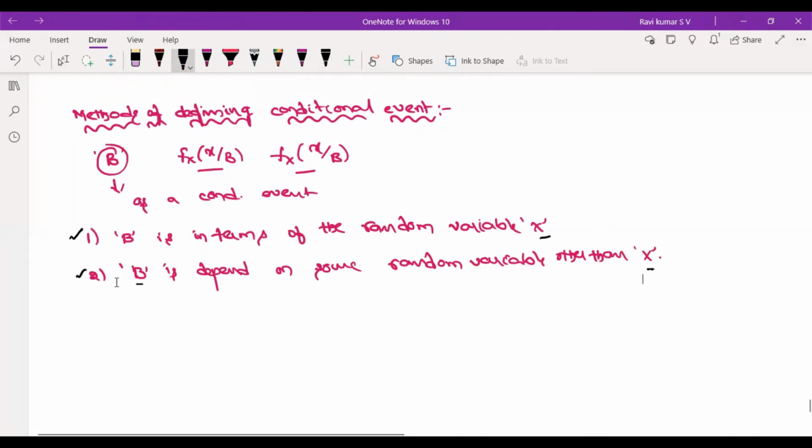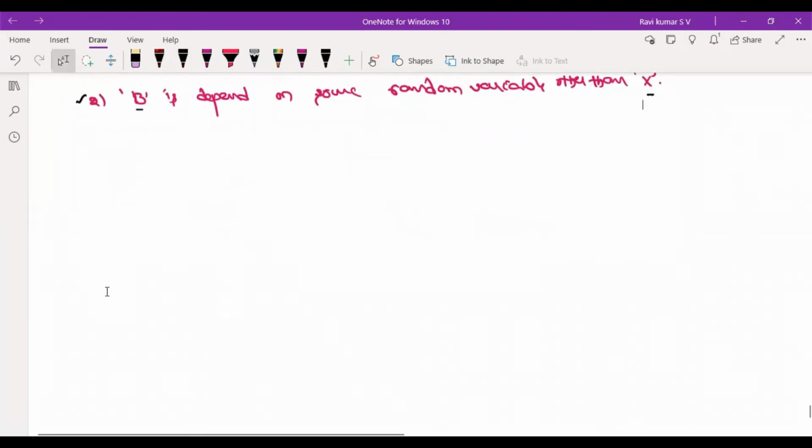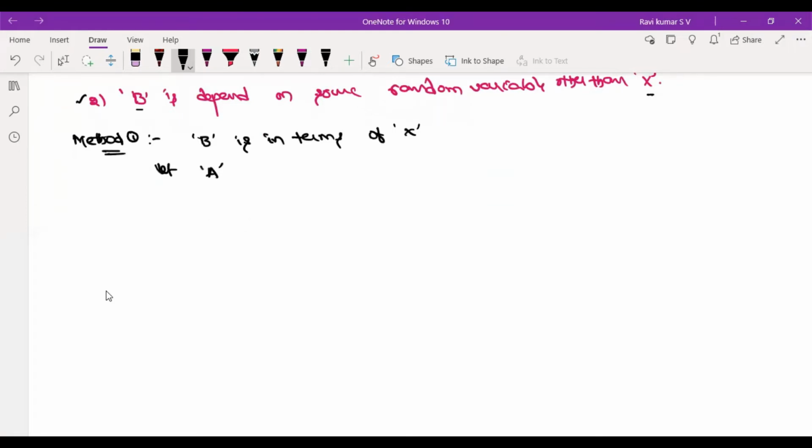Start with the first method. So method 1: here event B is in terms of the random variable X. So I'm taking an event A, let A be the event X less than or equal to x.